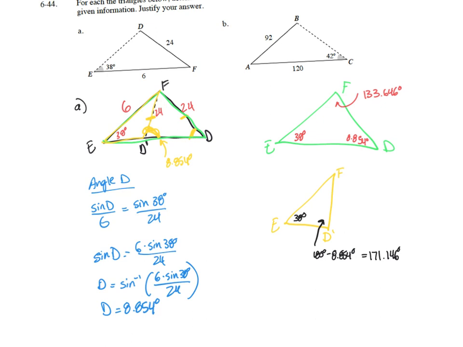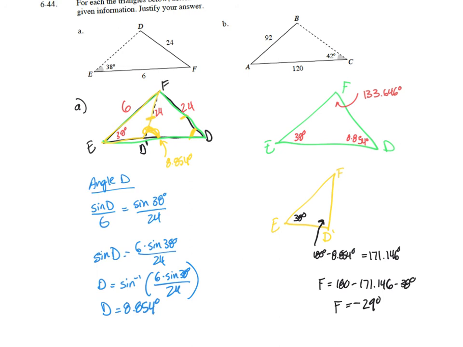That hasn't gone anywhere. But maybe now you have some red lights flashing within your own head. If I wanted to find the measure of angle F in that smaller triangle, F would be equal to 180 minus 171.146 minus 38 degrees. Well, that means that F turns out to be a negative angle. F is a negative angle of negative 29 degrees, and that ain't cool.